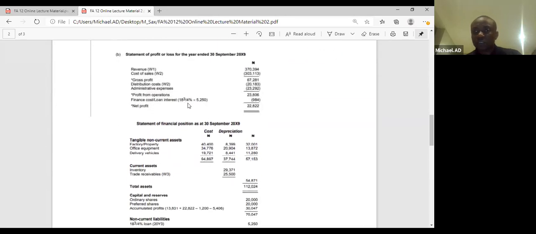Yes, 18,304. 18.75% of 5,250 naira. So the figure, it gives us this figure. Then our net profit is 22,822. That's our net profit.